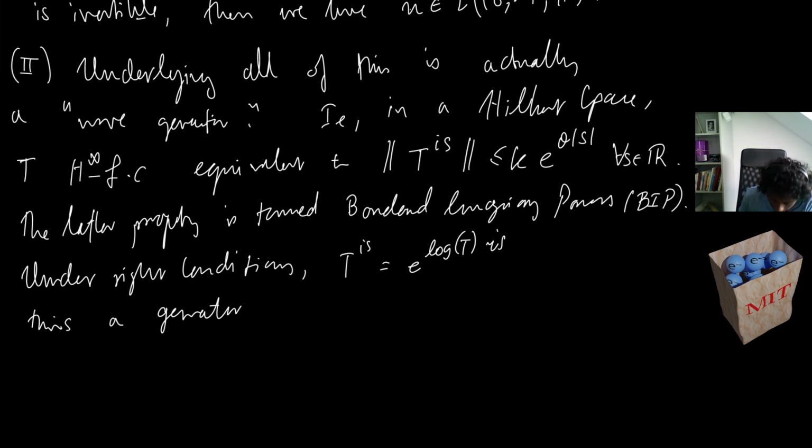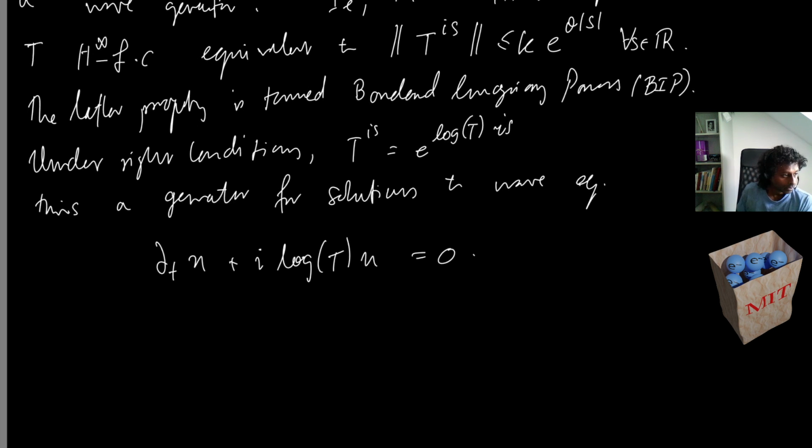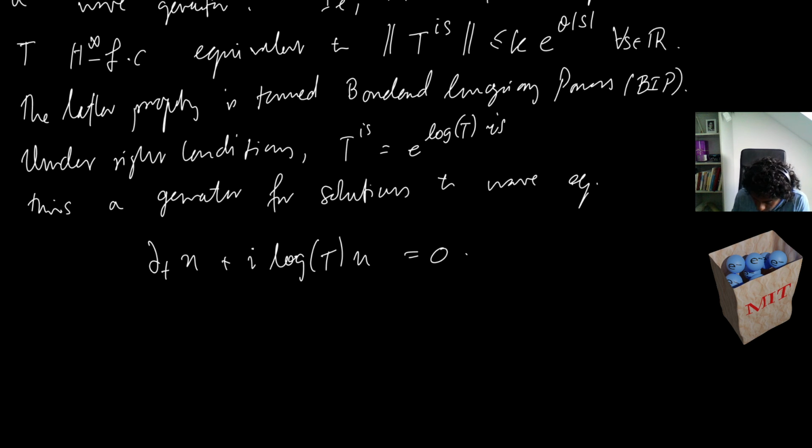So this is a generator for solutions to the wave equation, partial t of u plus i logarithm T of u equals 0. Imaginary powers. Oops, I don't know why I can't write today.